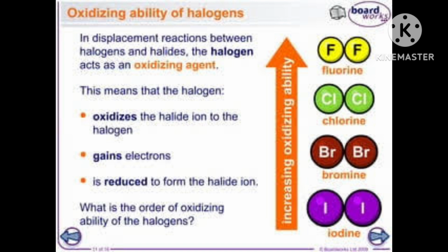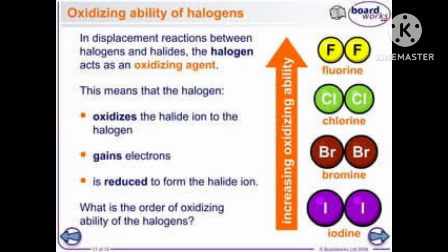Next reaction: Cl2 + 2X⁻ gives 2Cl⁻ + X2, where X is bromine or iodine. Br2 + 2I⁻ gives 2Br⁻ + I2.